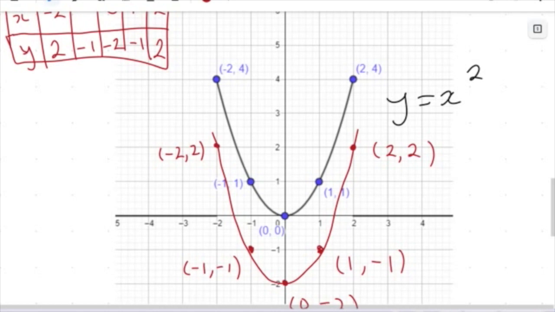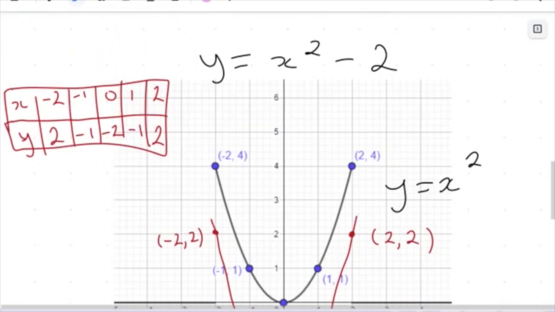Now, once again, the shape of my parabola is preserved. There's no dilations or reflections happening here. But I can see, comparing my original to my second one, it looks like it's been shifted down a certain amount.